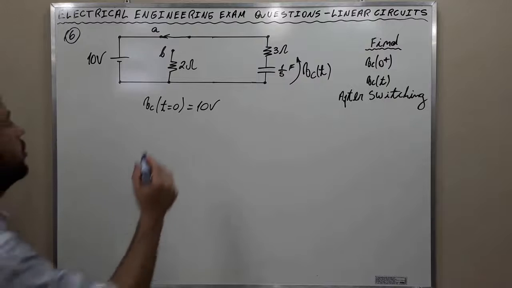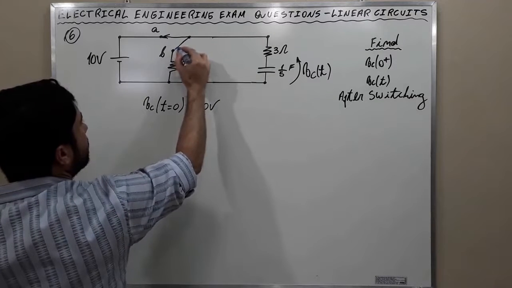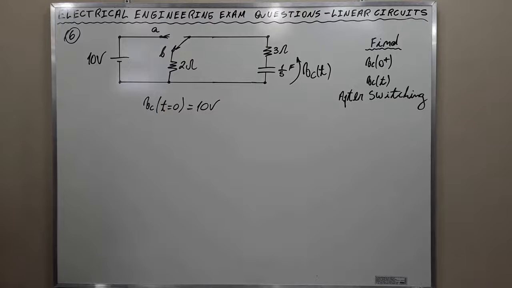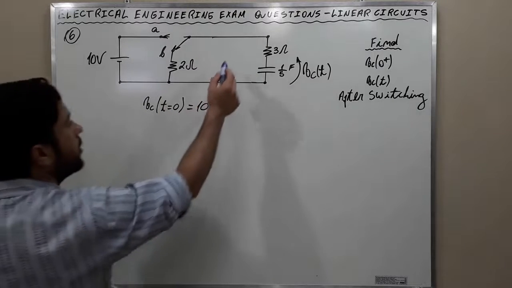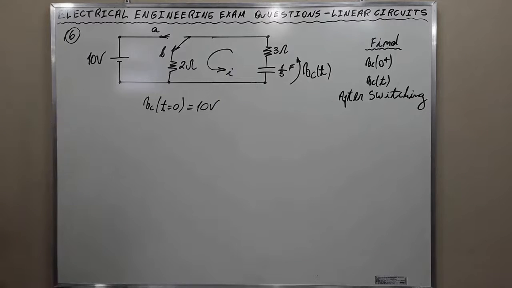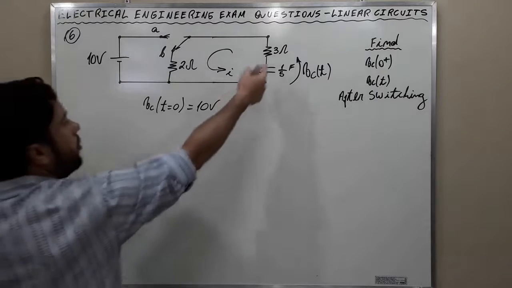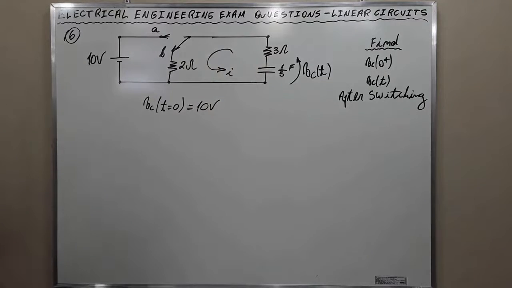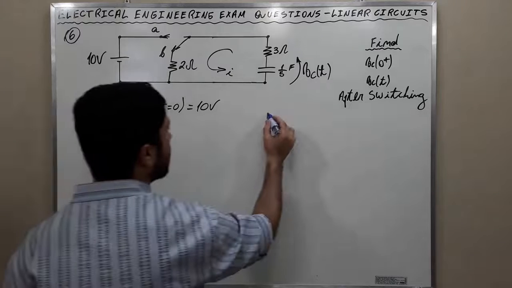When the switch changes position from A to B, the circuit becomes this. And the capacitor discharges through the resistors. Okay? This is a circuit for a capacitor discharge.